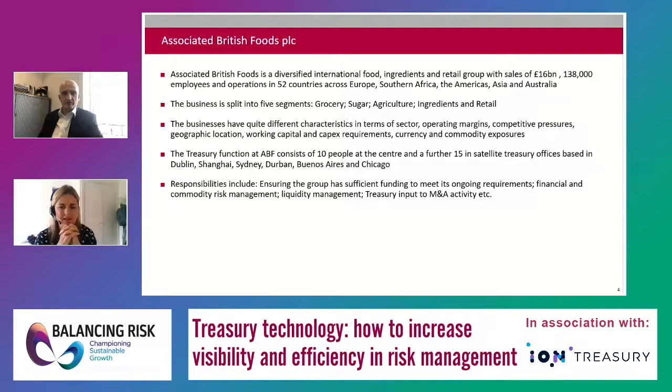We're responsible for the financial and commodity risk management, the day-to-day provision of liquidity through cash pooling, etc. Significant input into M&A activity, and then also very close collaboration with our insurance, pensions, and tax teams. So that's a brief synopsis.